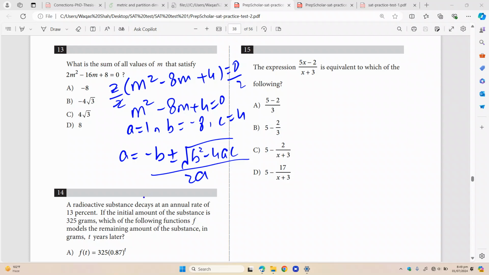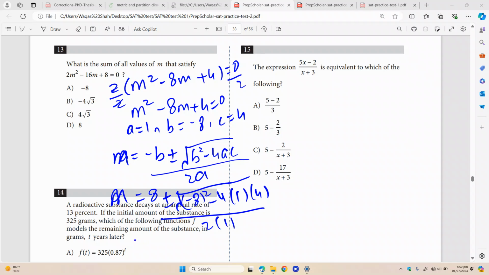Plugging this in, b is minus 8, so both minuses become plus, and plus minus, and minus 8 square, minus 4 times a, which is 1, and c, which is 4, divided by 2 times 1.